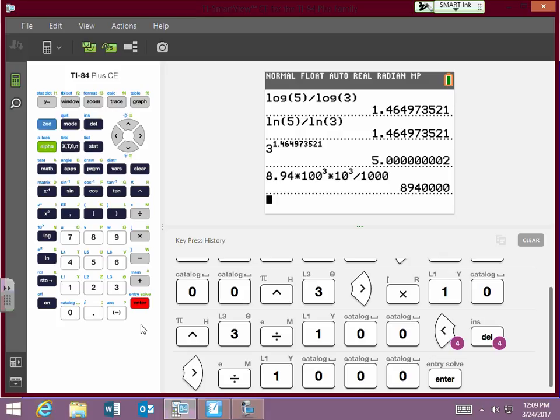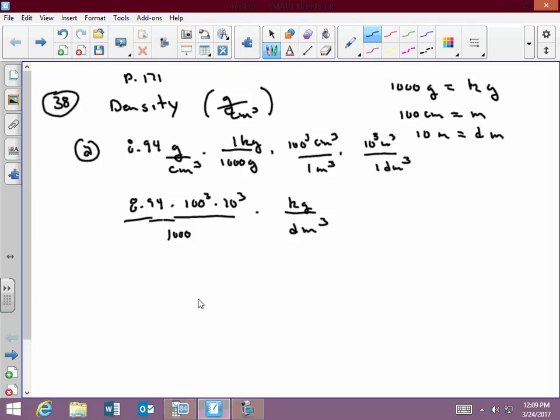That seems wrong. We got grams. I want kilograms.